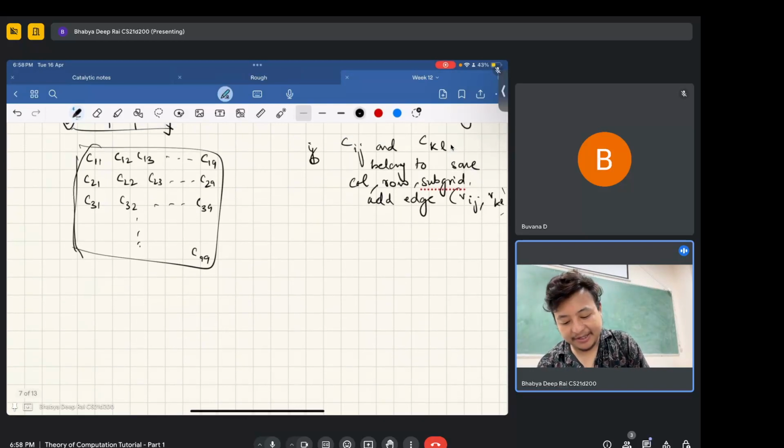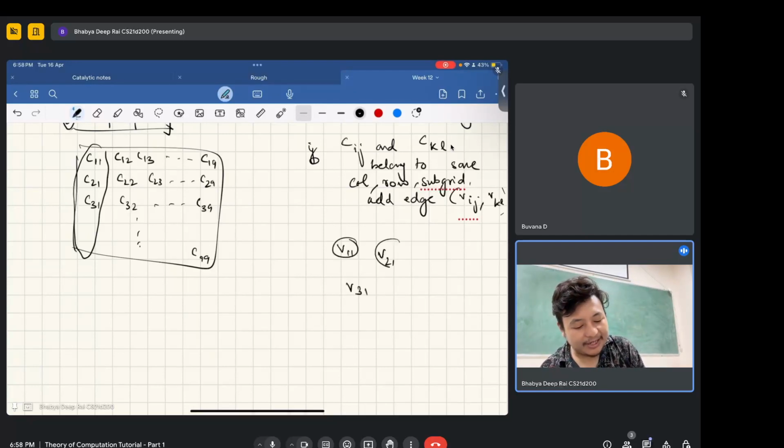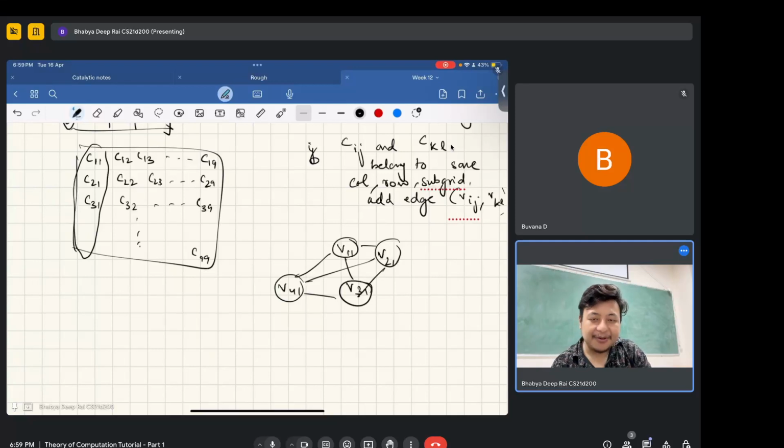For example, here I have C11, C21, and so on, so V11, V21, V31, and so on. They will have edges between them, and V41, and so on. They'll all have edges between them. They'll form these kind of complete graphs.